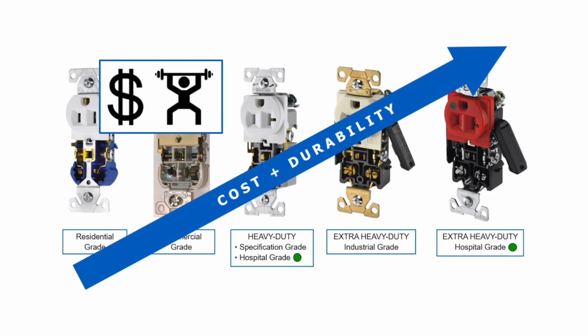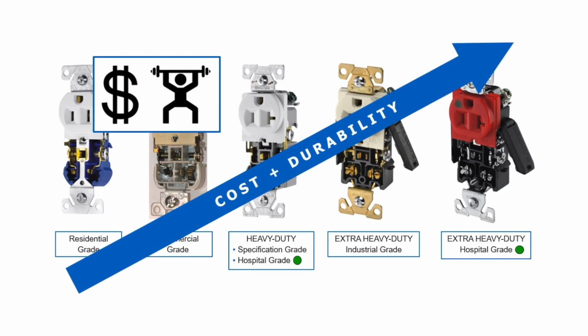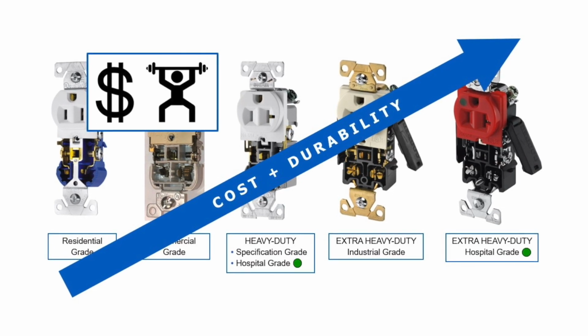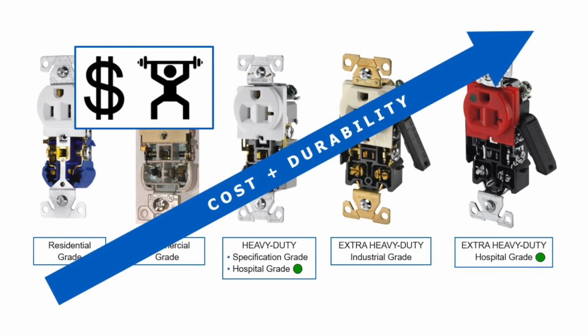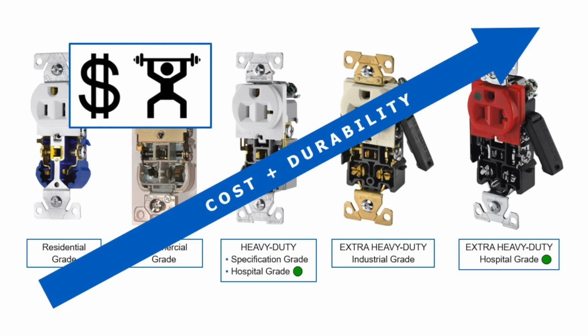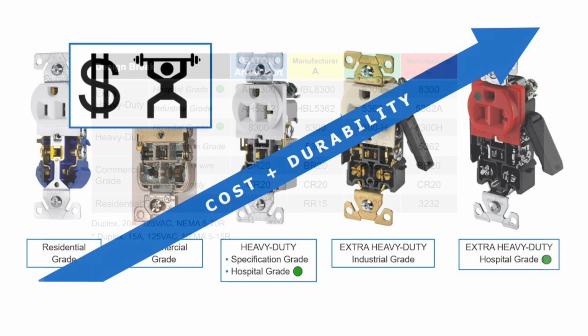The construction varies, increasing in cost and durability from left to right. All manufacturers have similar breaks, but may use slightly different terms to describe them. There may also be minor variations in materials and features, but with few exceptions, they can all be put into one of these 5 categories.